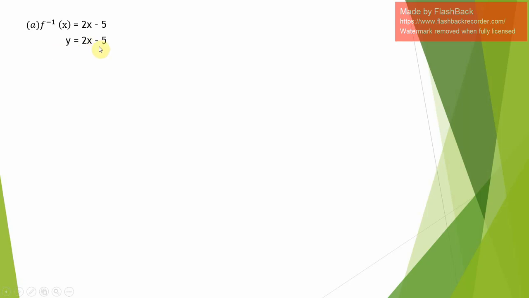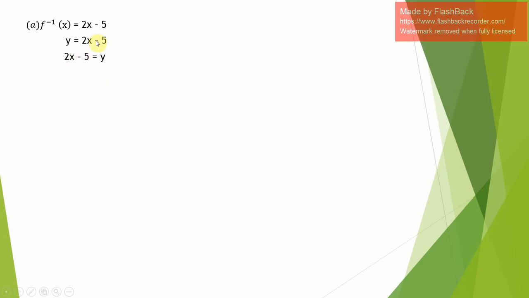This is what we have here. We have replaced this whole thing with letter y. Then from there we can make x the subject of the formula. You know that these are unlike terms. We cannot say 2x minus 5, which means this 5 should cross the equal sign. Or you can rewrite it as 2x minus 5 is equal to y.